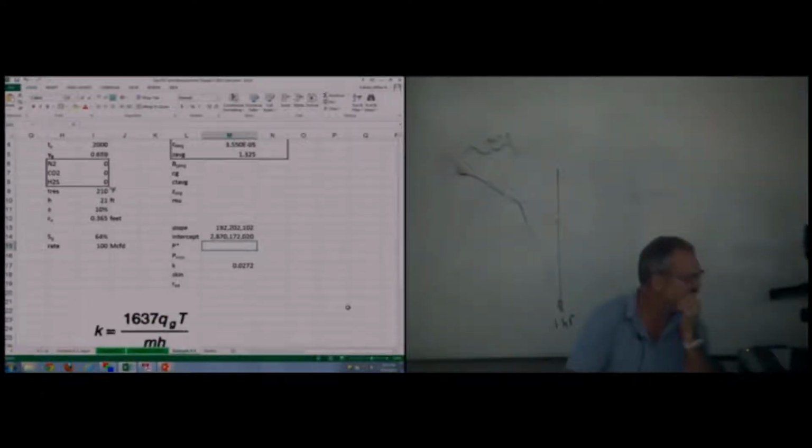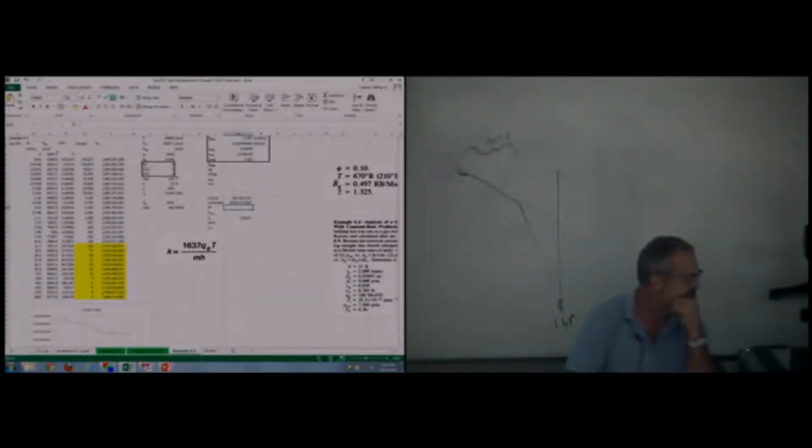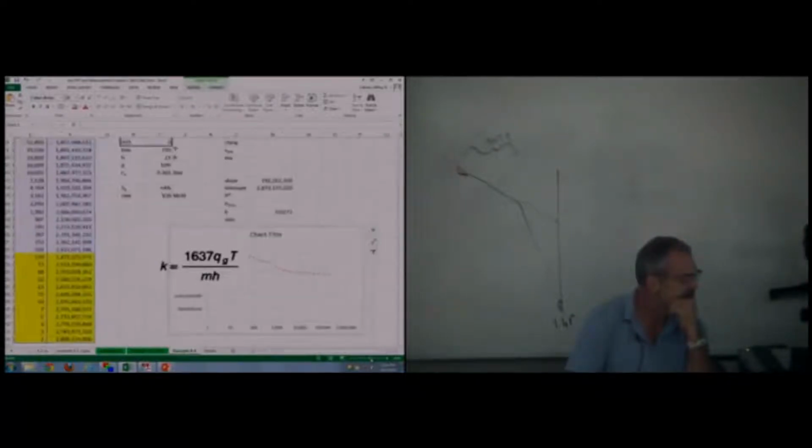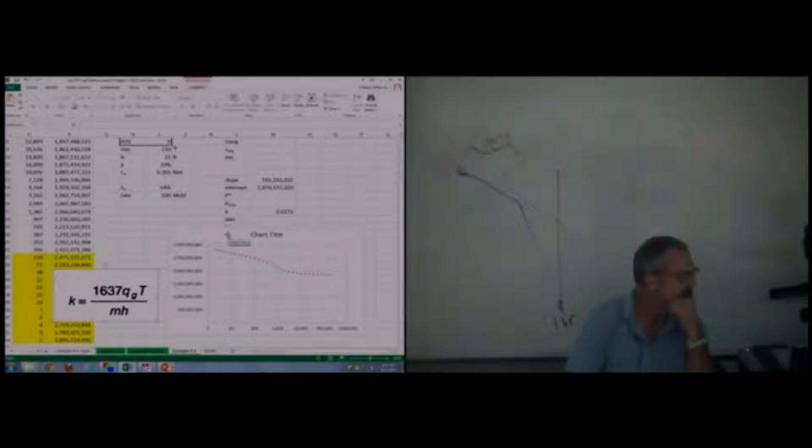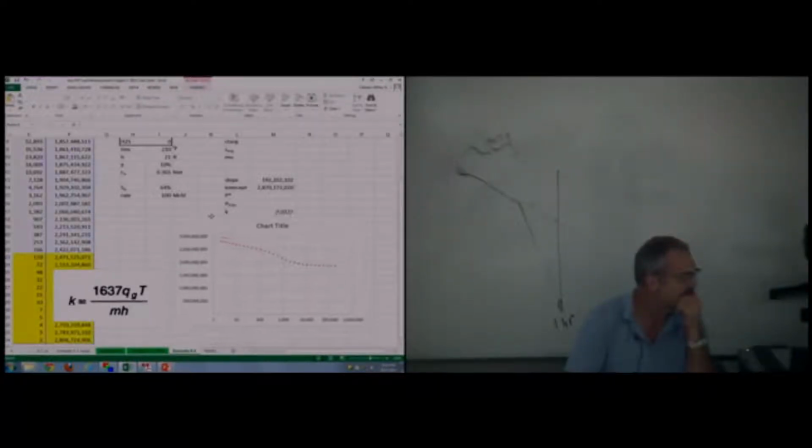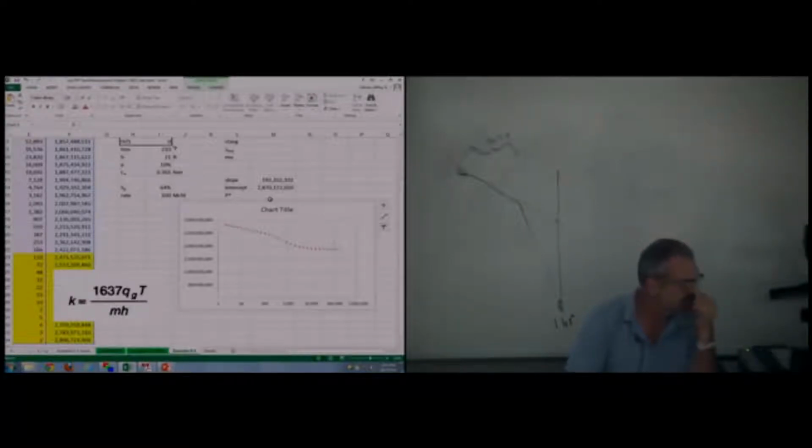I need 2 points. Where's my graph? For my slope and intercept, let's pick another point.